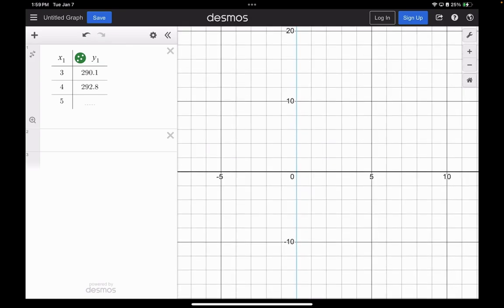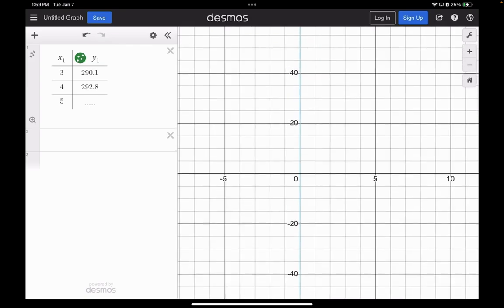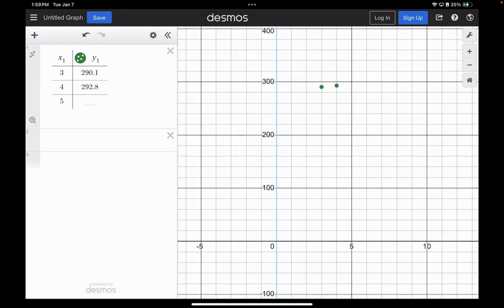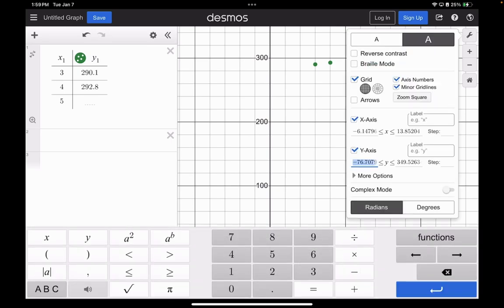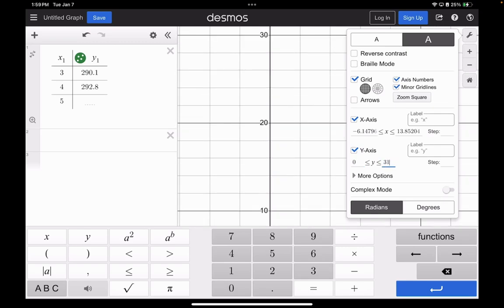The points are way up here. I could just go in and say the y-axis goes from 0 to 310.